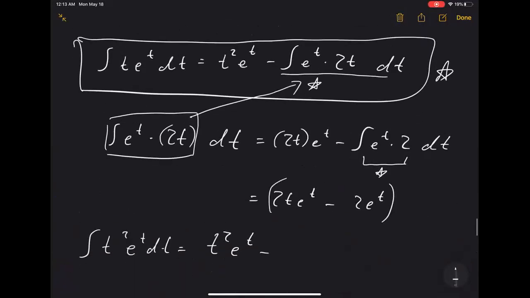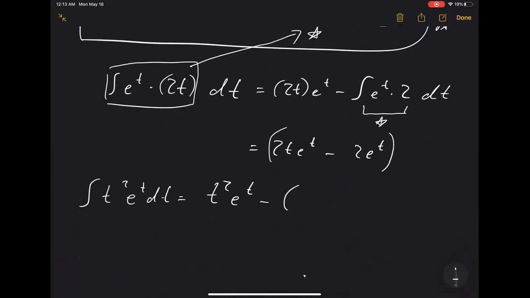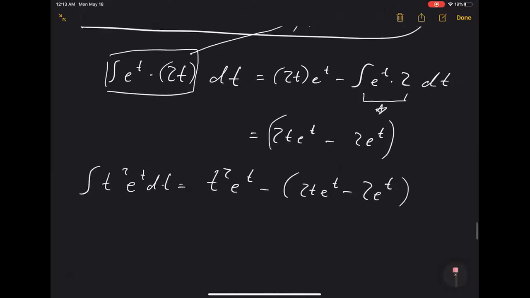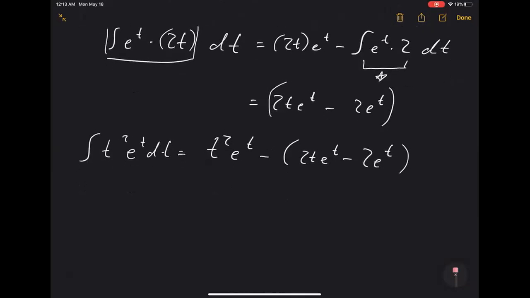Well, now we know that integral is equal to, and let's put it in parentheses to keep track of negatives, 2t e to the t minus 2e to the t. Okay. And then I don't have any integral signs anymore. I can put my constant of integration here.